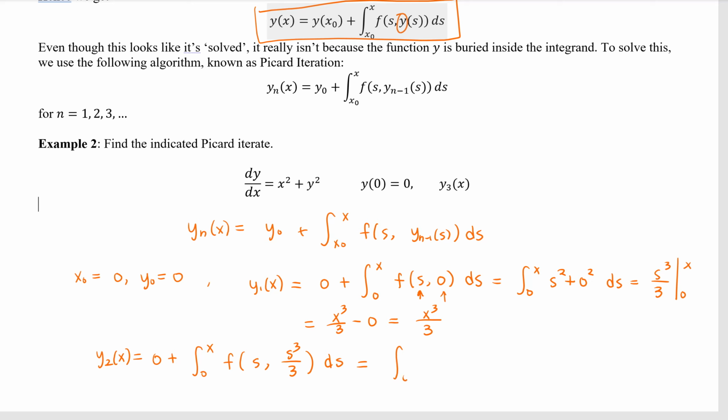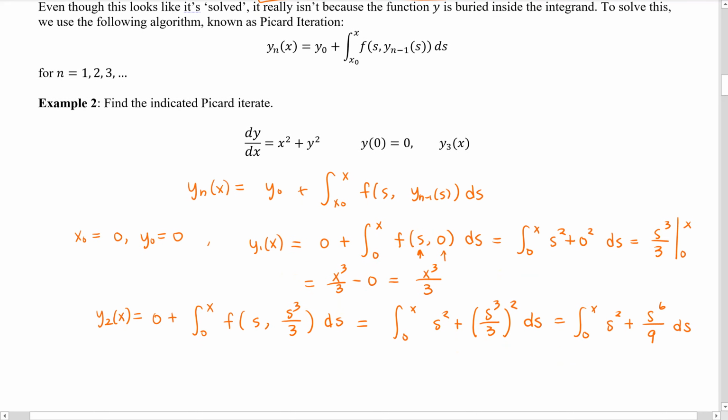What is that? Well, f is like the x coordinate squared plus the y coordinate squared. So this is the same as s squared plus s to the... do we multiply 3 and 2 or add 3 and 2? We multiply them, right? And 3 squared is 9.